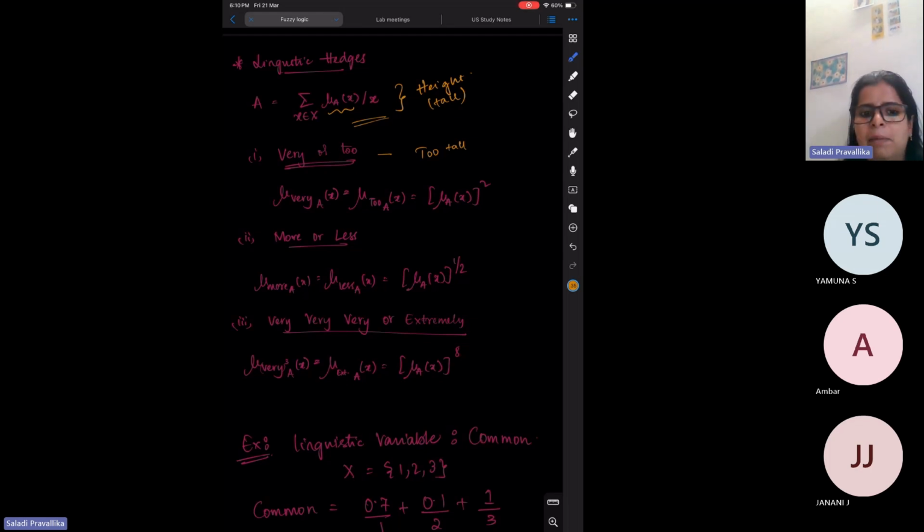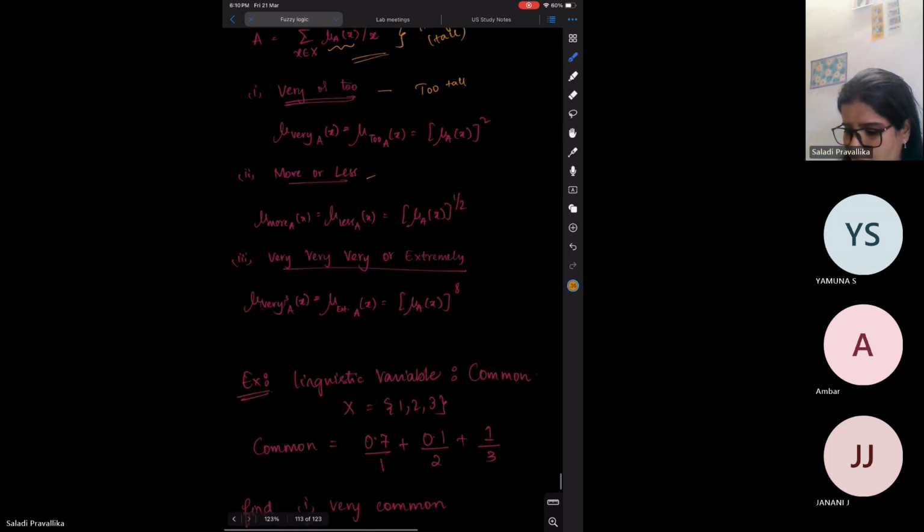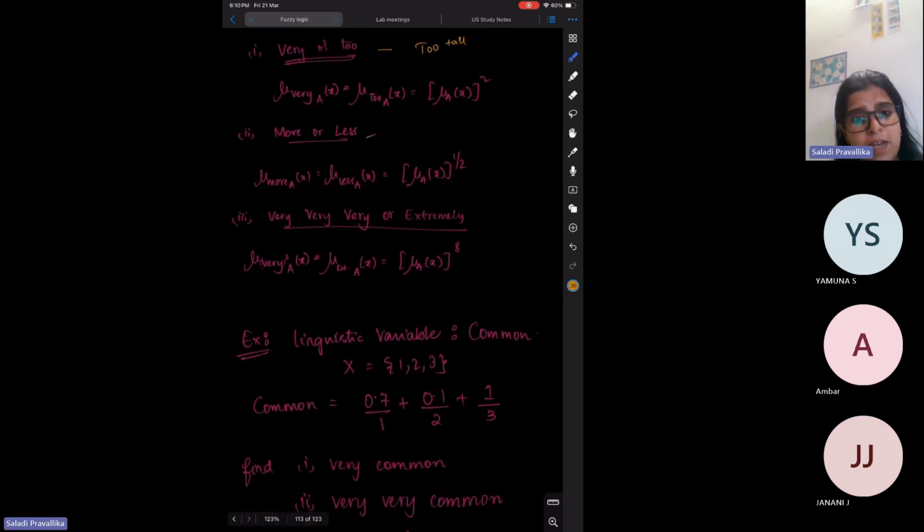And in case I want to convert fuzzy set A to more or less A, then I have to take the square root of the membership values. Okay, so that is for more or less. And if I'm saying very, very, very, three times, then in place of very, very, very, you can also use extremely.